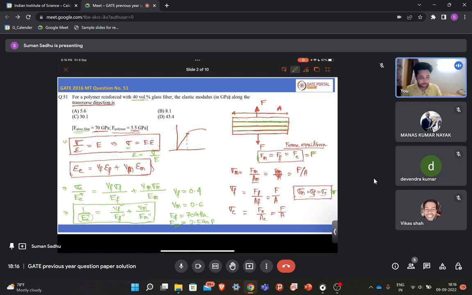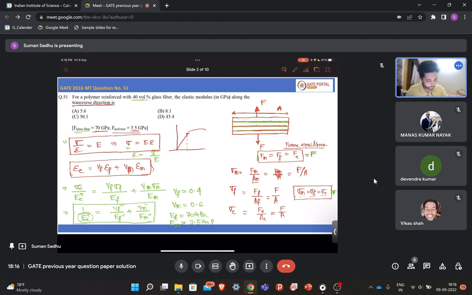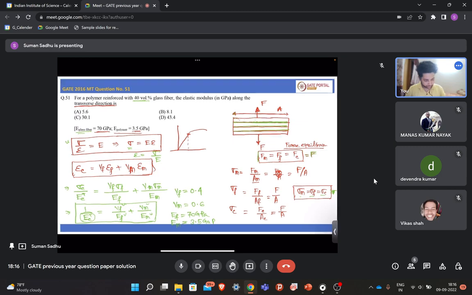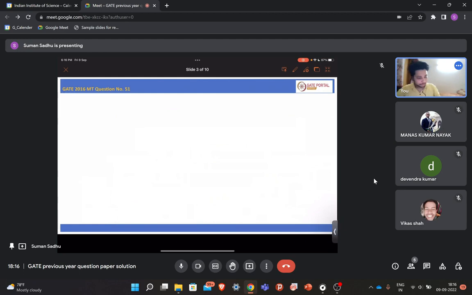Now let us put these values into this equation. So what will be the value of E C then? So 1 by E C in the transverse direction is equal to volume fraction of the fiber, that means 0.4, divided by 70 gigapascal plus 0.6 divided by 3.5 gigapascal, right?